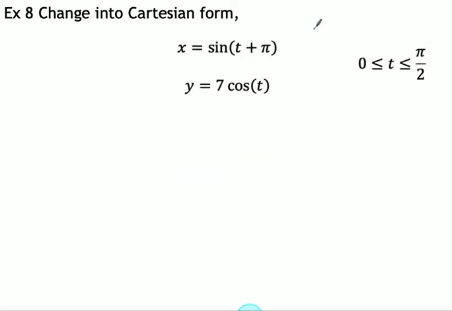Okay, what about this one? Again, you'll notice there's that restriction, but we have a compound angle. So logic dictates that the first thing I'm going to do is write this out from the formula book. Incorrectly, it seems. Let's have another go, shall we?